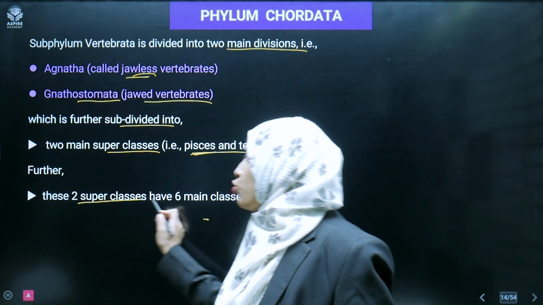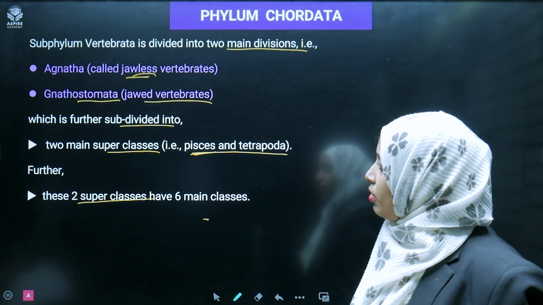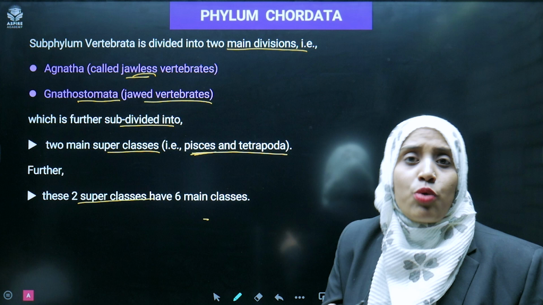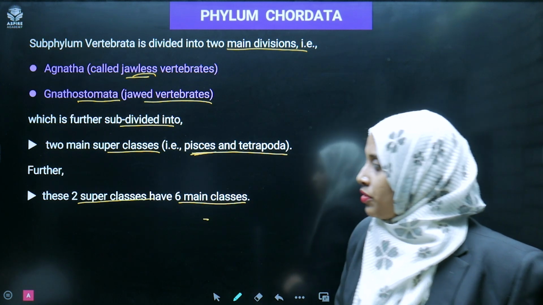So these are two superclass, मतलब Pisces and Tetrapoda are the two superclass, और इस superclass में अगर total आप classes count करोगे, so there are having 6 main classes, okay.